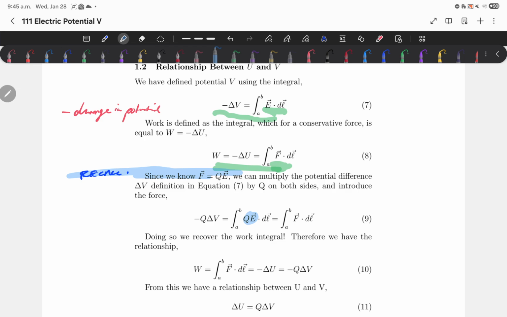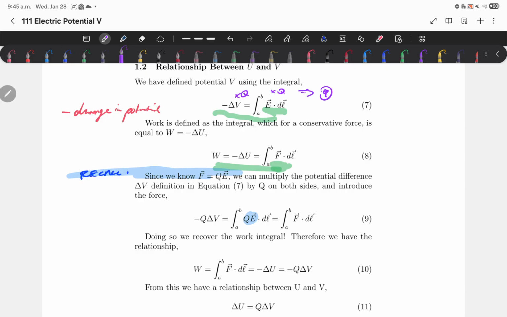Let's take this equation 7 here and multiply both sides by big Q. This side by big Q, we get negative Q delta V. This side by big Q is a constant we can pull in here. We get the integral of QE, but that's just force. It's the same integral. So we can relate those two integrals by multiplying one by Q, or conversely taking Q out of the other.